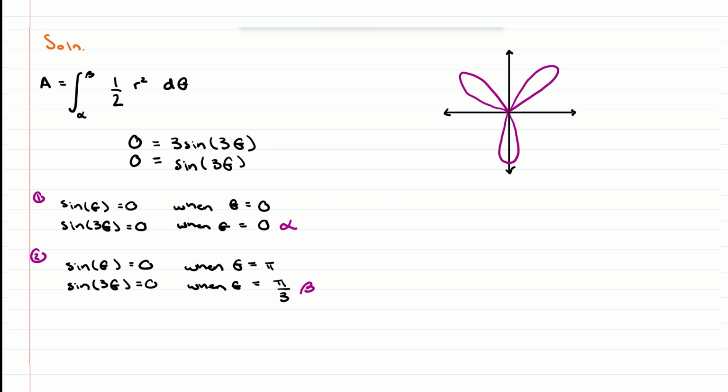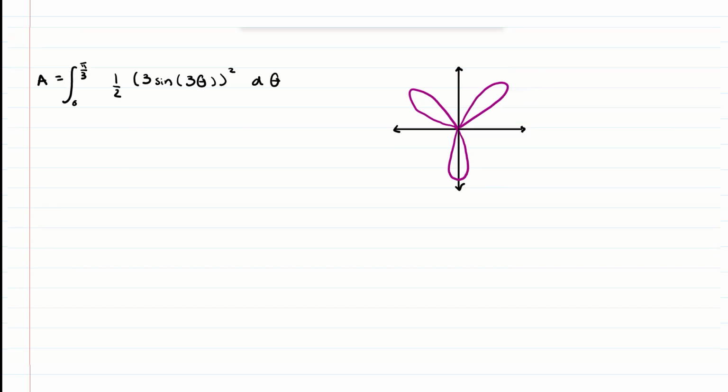So now that we finally have our bounds, we can integrate. Actually, before we integrate, we're going to do a little bit of work to the inside of the integral. First, let's take a look at this stuff being squared. 3 squared is 9, and then we have sine squared of 3 theta. And then we can push that 9 out.